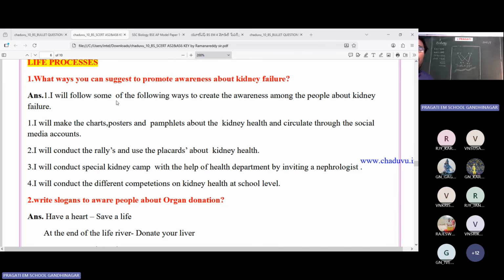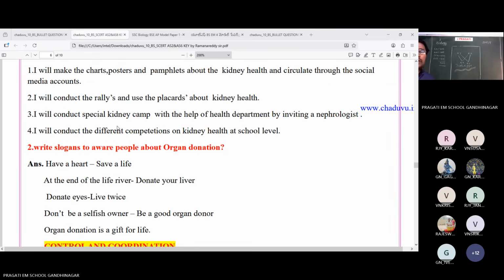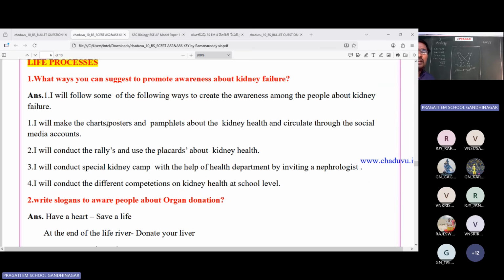What you have to write: I will follow some of the following ways to create awareness among the people about kidney problems. I will make charts, posters, and pamphlets about kidney health and circulate them on social media accounts. See, some common suggestions you have to write.